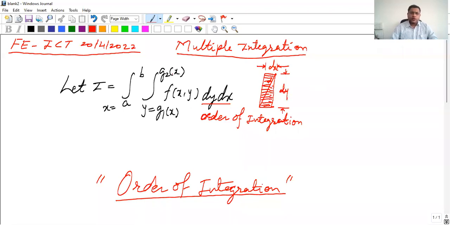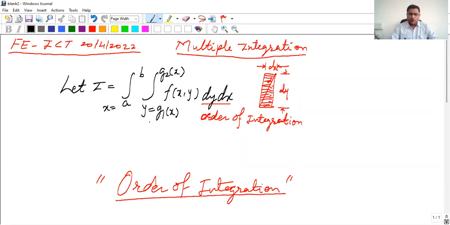We can see that x is in the limits, and that's why y will be integrated first.